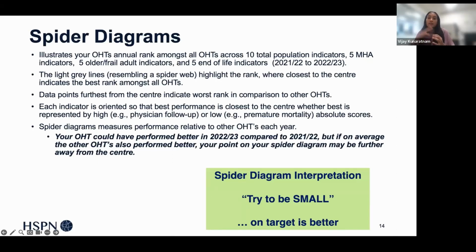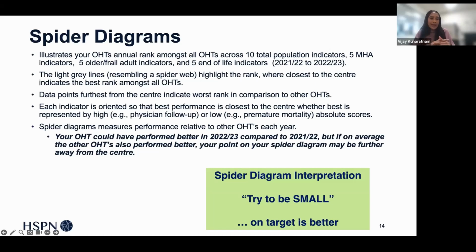And then data points that are furthest from the center indicate the worst rank in comparison to the other OHTs. Each indicator is oriented so that the best performance is always closest to the center, regardless of whether the best is represented by a very high absolute score or a very low absolute score. So we're always trying to get our points closest to the center.